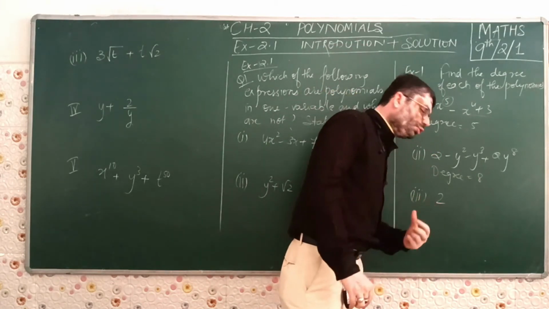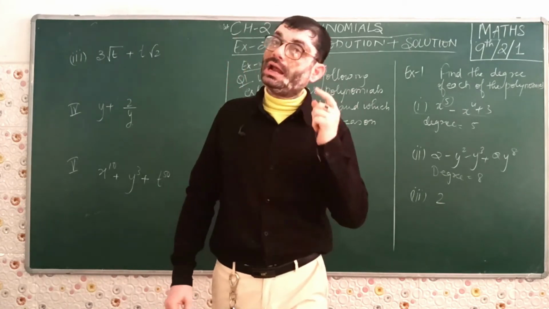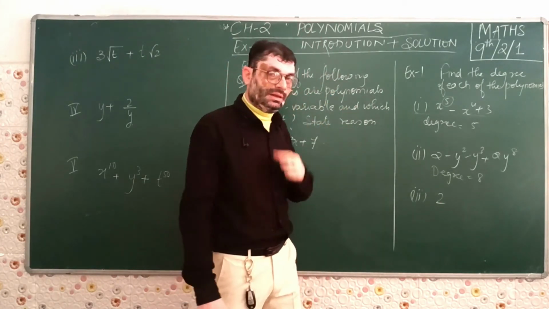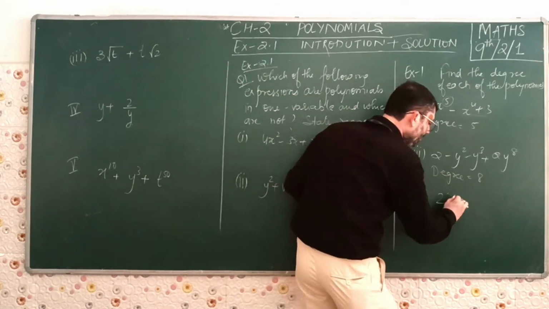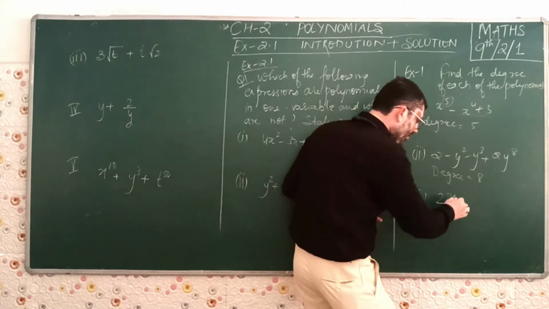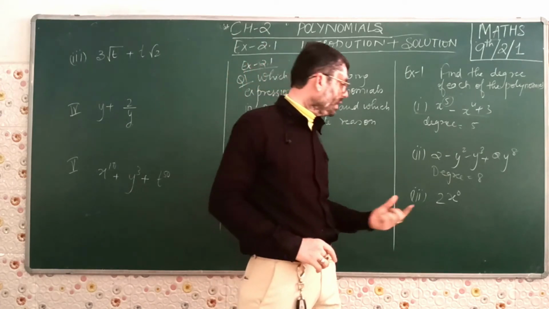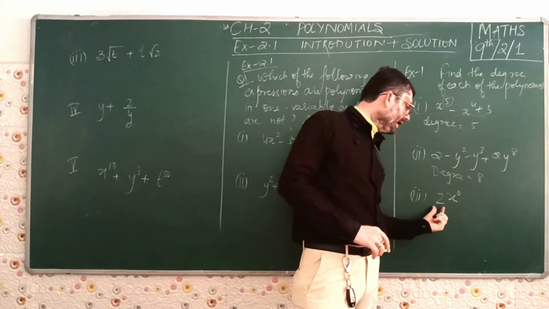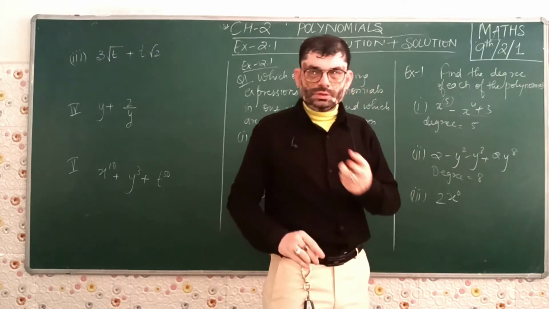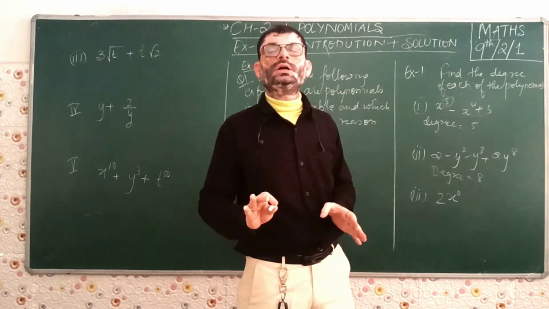Bit 3, 2. It is a constant polynomial, and we have discussed that. Is there a variable? Yes, there is a variable, and that variable is x, and the power of that x will always be 0, because we know x to the power 0 is 1. So this whole value is 1 and 2 into 1 is 2. There is no change in the value of the polynomial.